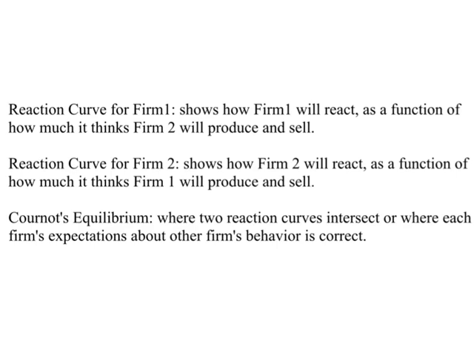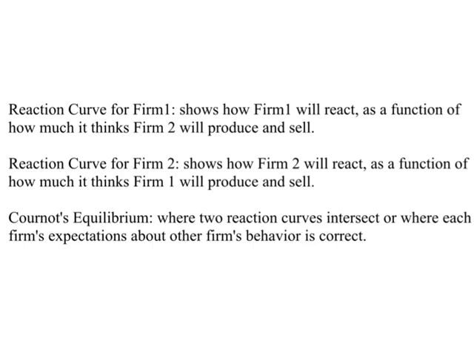Here are the definitions we have used, and look at the reaction curve for firm 1. What is it? It simply shows us how firm 1 will react as a function of how much it thinks firm 2 will produce and sell. And in a way, these reactions are based on different conjectures, and based on different conjectures firm 1 reacts and tries to figure out what is the optimal level of output.